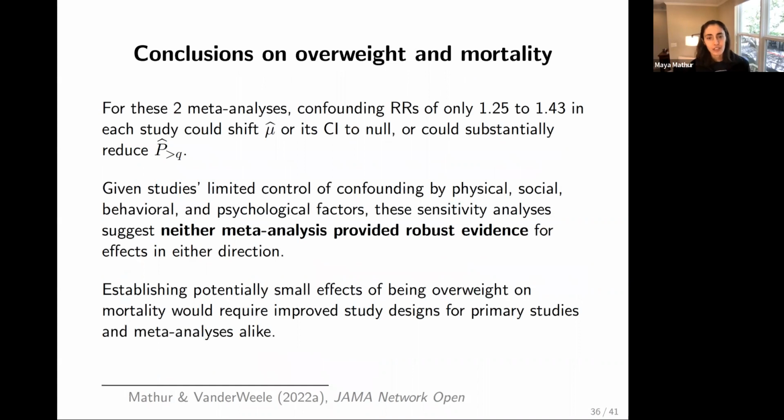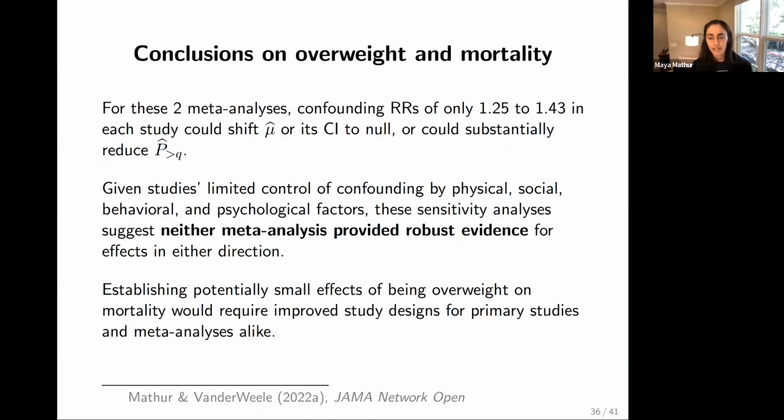So overall conclusions for these two meta-analyses: basically we found that confounding risk ratios of only 1.25 to 1.43 in each study could shift mu hat or its confidence interval to the null, or alternatively substantially reduce the proportion of meaningfully strong effects to only 15%.